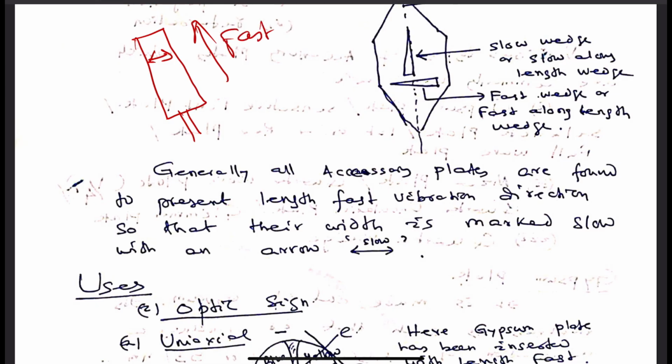This is a common feature. It may vary. We may take fast here, slow along length, but generally the accessory plates are prepared with the slow direction parallel to the width of the wedge.